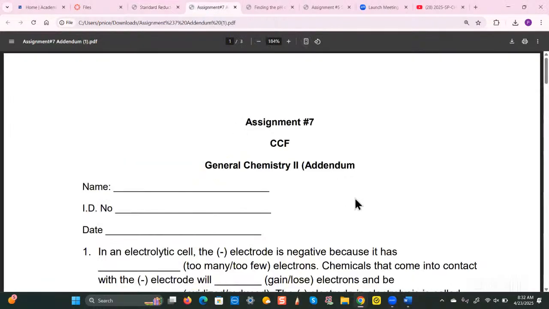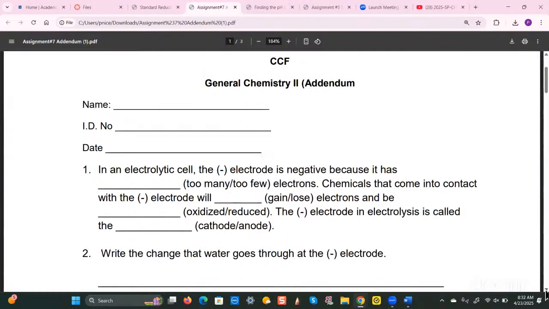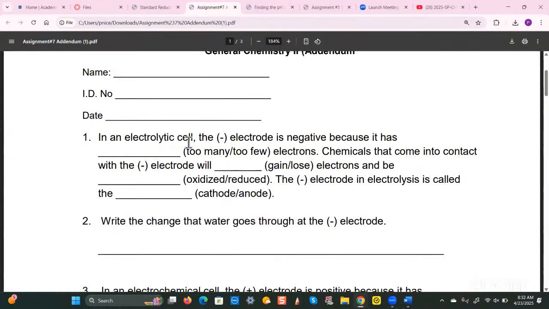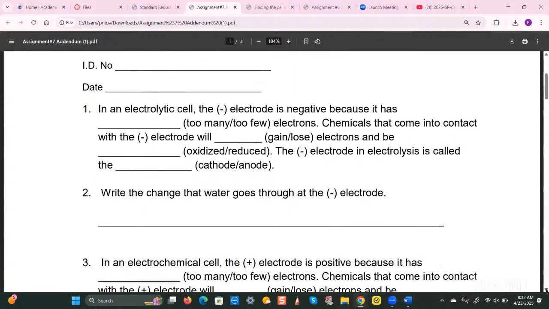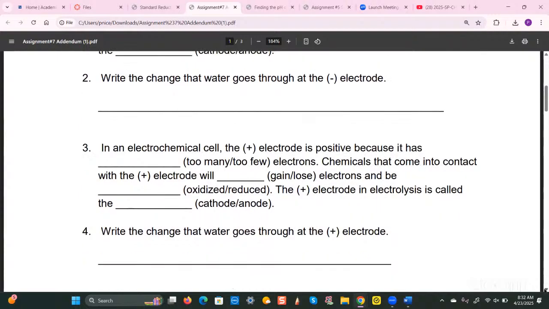Okay, so the question starts with, in an electrolytic cell, the negative electrode is negative because it has, of course, too many electrons. And then chemicals that will come into contact with the negative electrode will gain electrons and be reduced. The negative electrode in electrolysis is called the cathode. And the question is asking, write the change that water undergoes at the cathode.